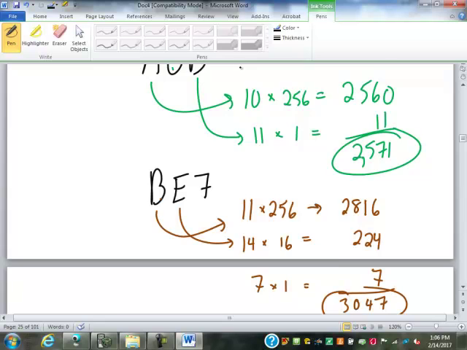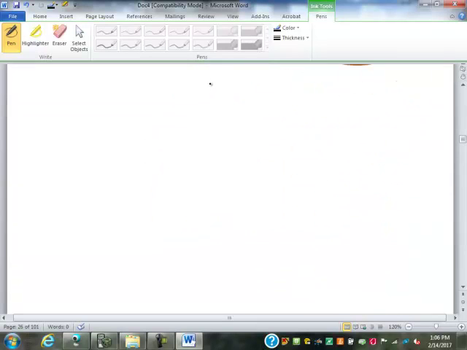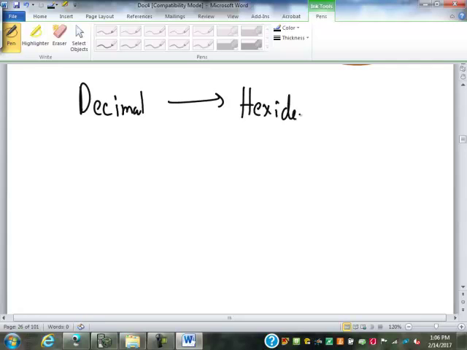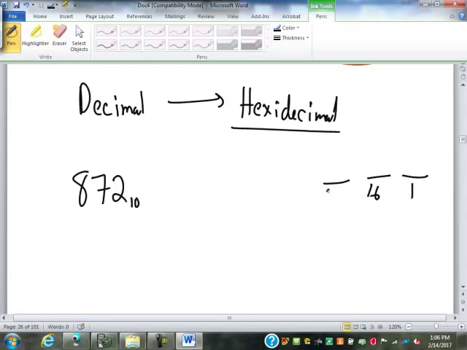So now we're going to go the other direction, converting decimal into hexadecimal. So let's take a number like 872 base 10 and try to convert it. Got 1s, 16s, 256.